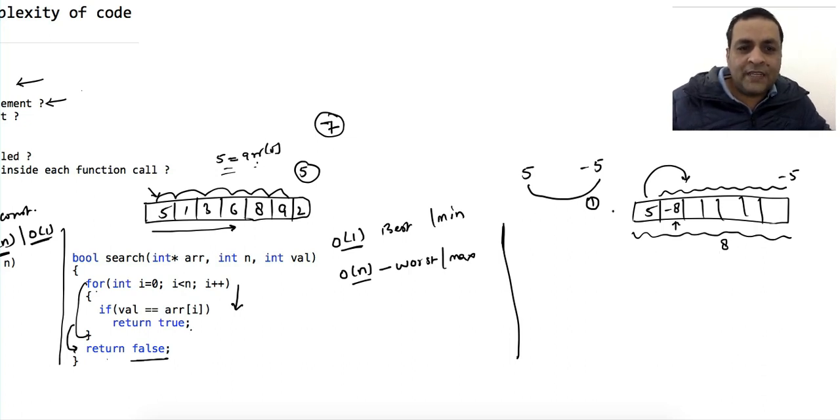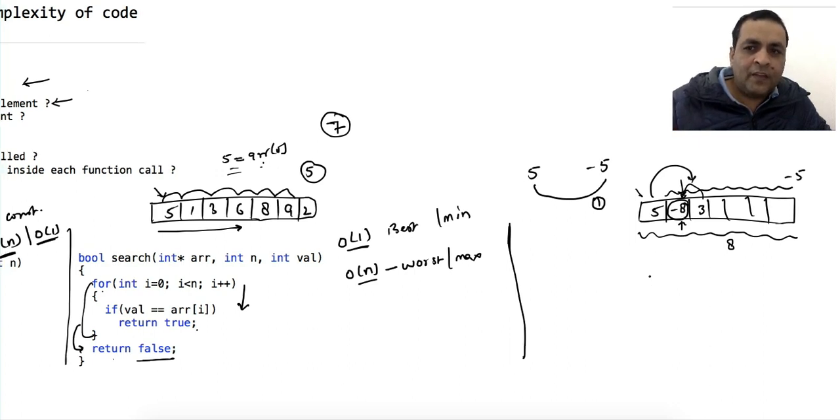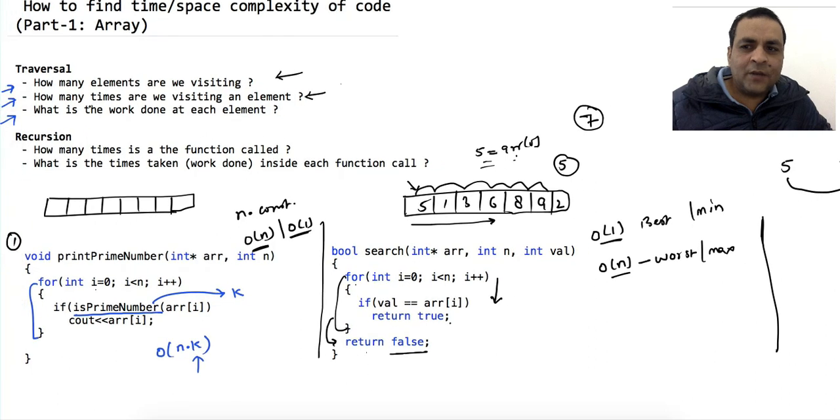So we are visiting each element of the array multiple times. If I am at 5, then also I will be visiting this -8. If I am at -8, then obviously I am visiting -8. If I am at 3, then also I will be visiting this -8 to check if this element is equal to -3 or not. So here the time complexity will increase because we are visiting each element more than once.